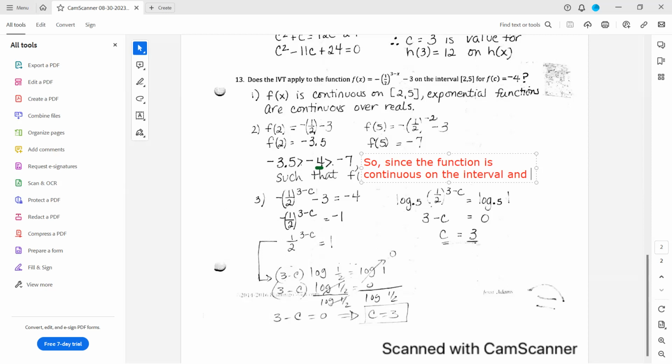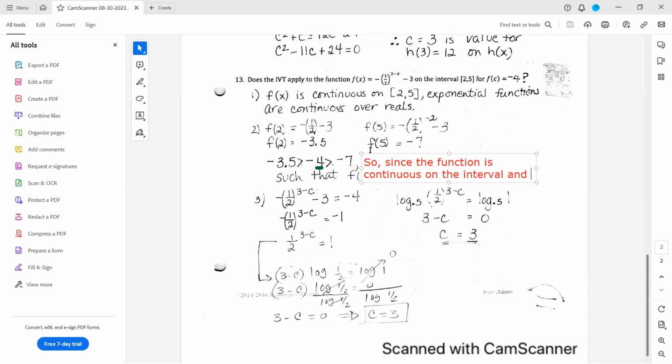Yeah, it looked like they were going the wrong way. -3.5, -4. No, you know what? Her interval is backwards. That's what it is, because -7 is the smallest. So she's okay, but her interval is backwards.